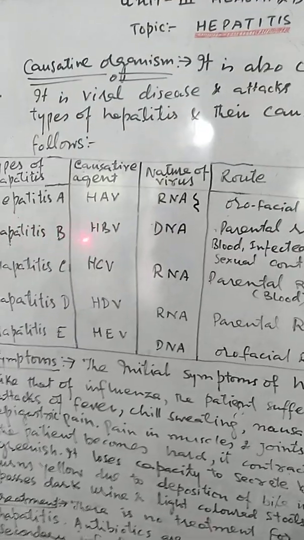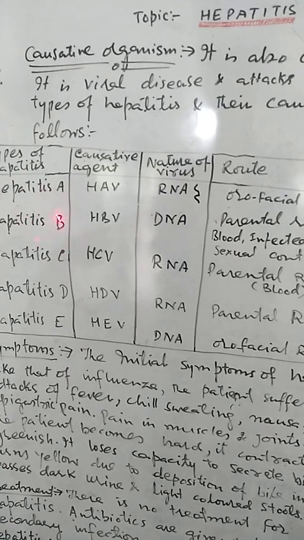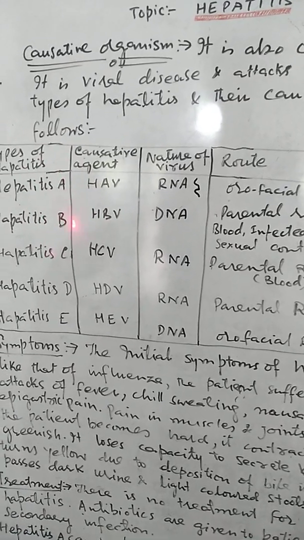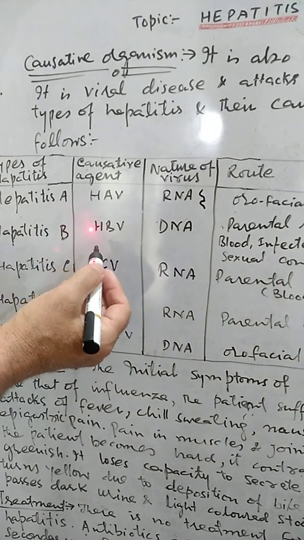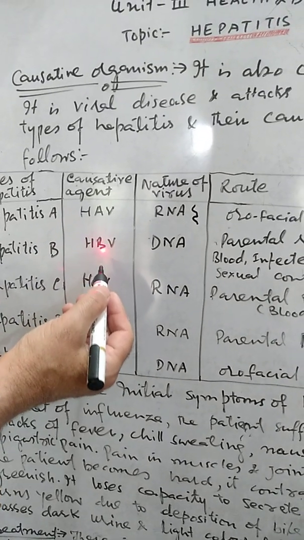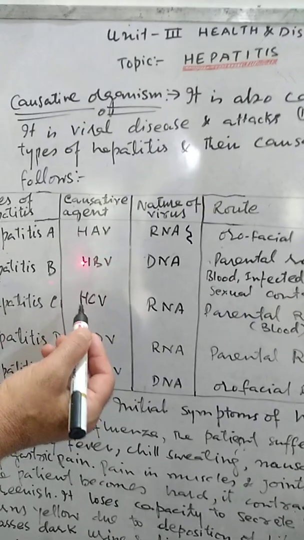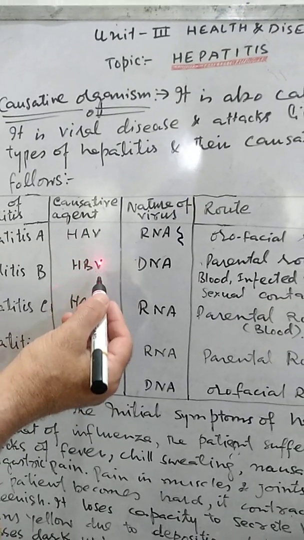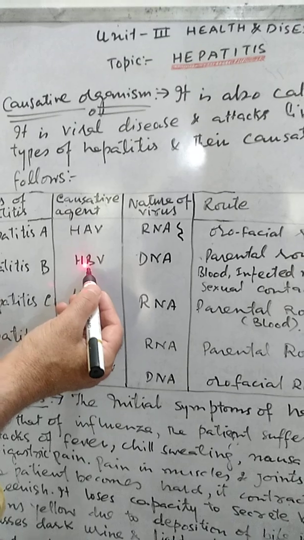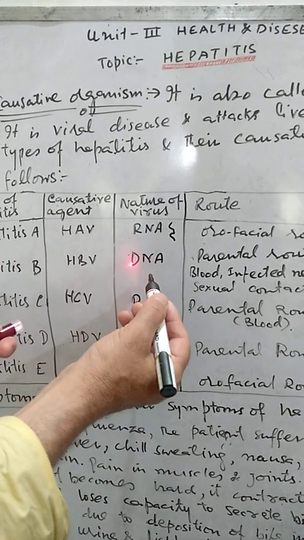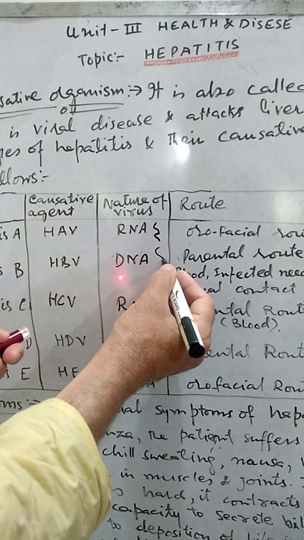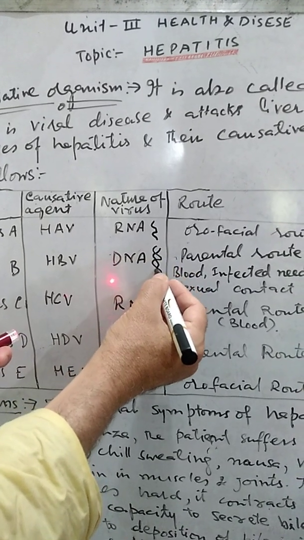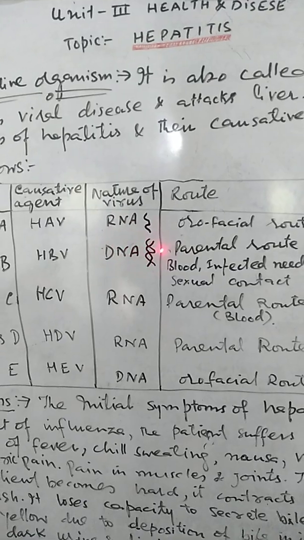Then there is hepatitis B. Hepatitis B is a viral disease. HBV means hepatitis B virus. This is a DNA virus. This virus is double-stranded.